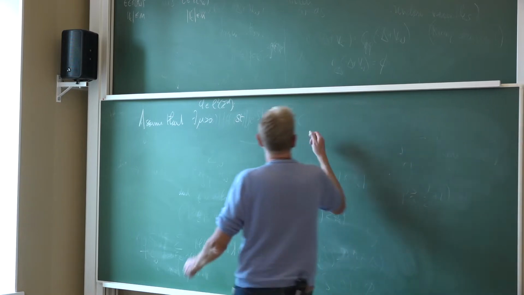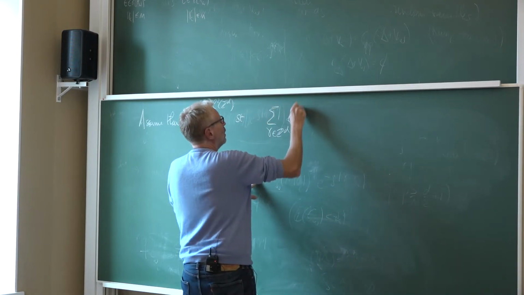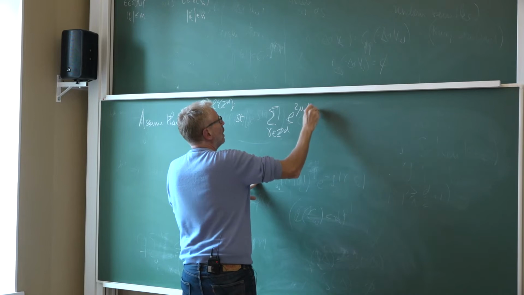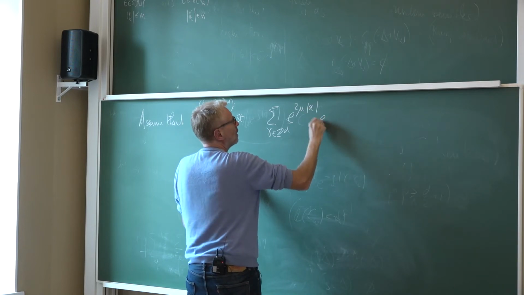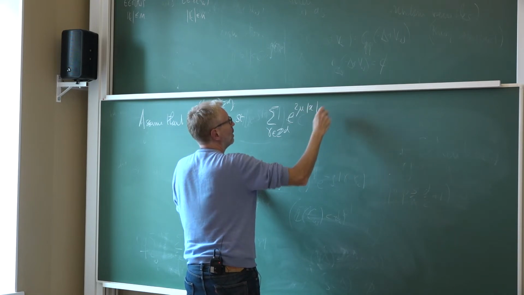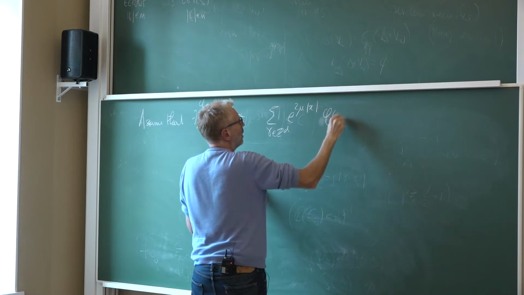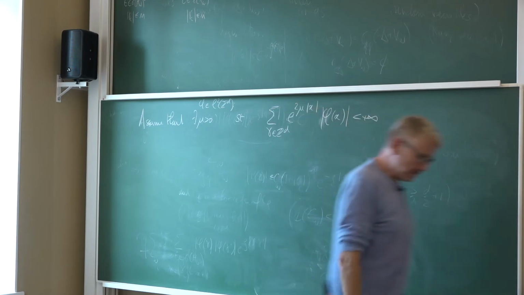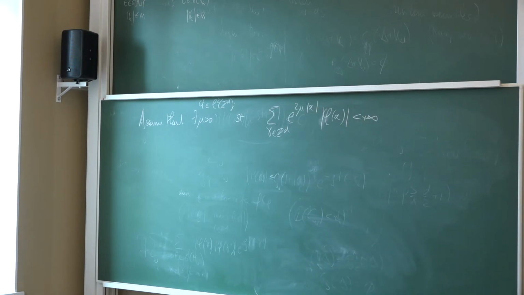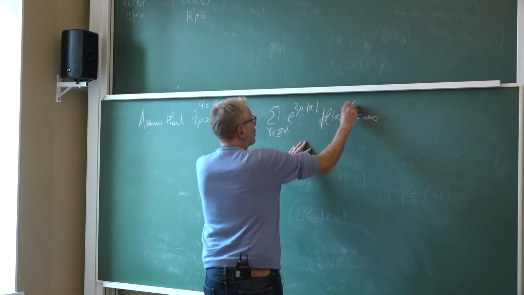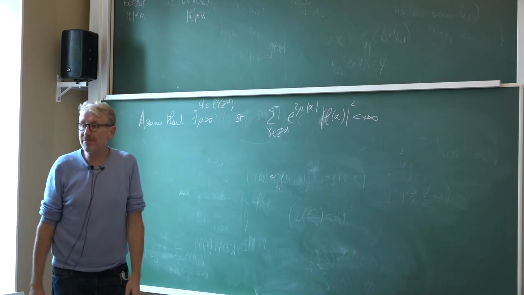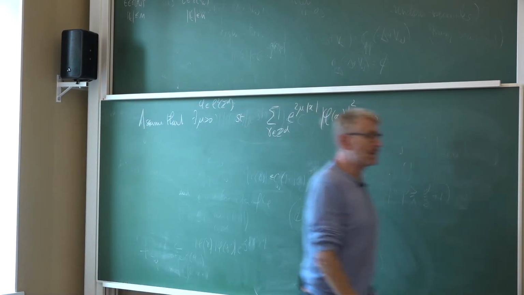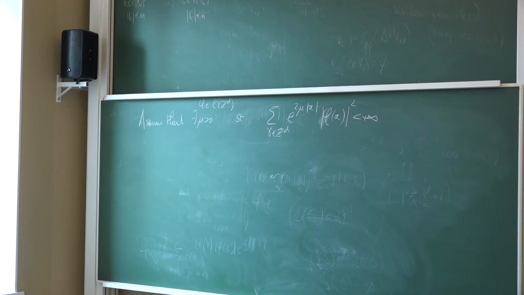It satisfies that the sum of e to the 2 mu x, phi of x squared, is finite. That for some mu, you know that this has exponential decay at infinity. Assume that you know that this has exponential decay at infinity. Then you can always define the following thing.